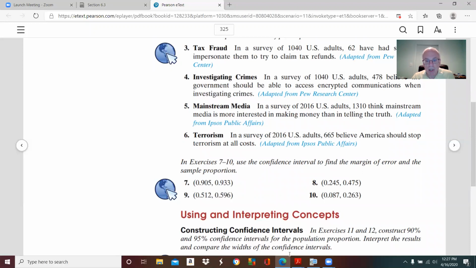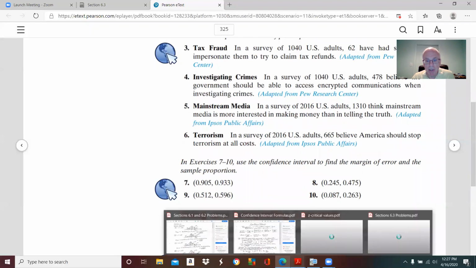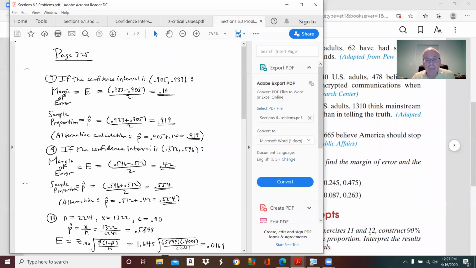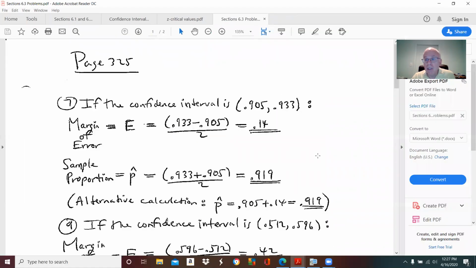Well, let's get to the actual solutions for 7 through 10. Good. All right.